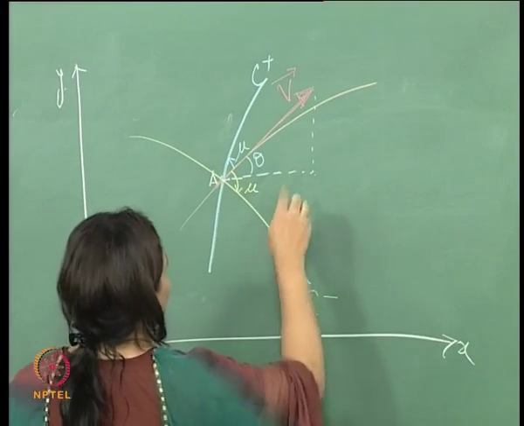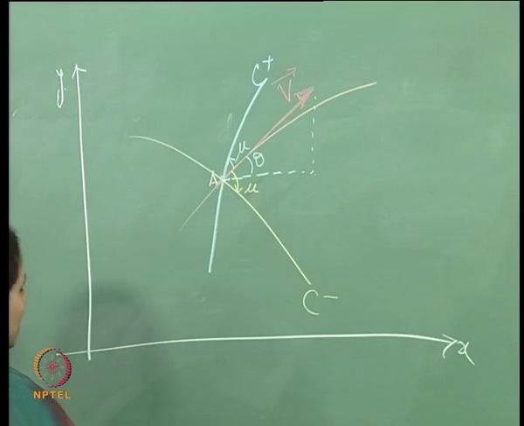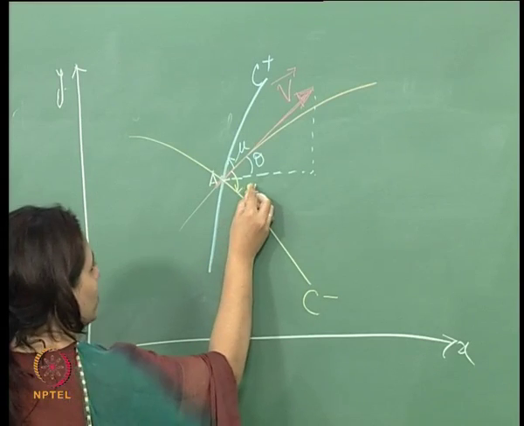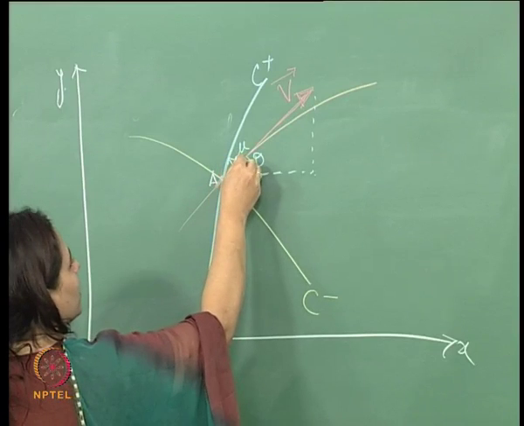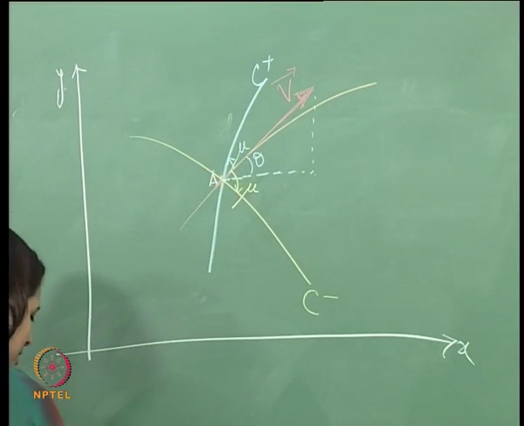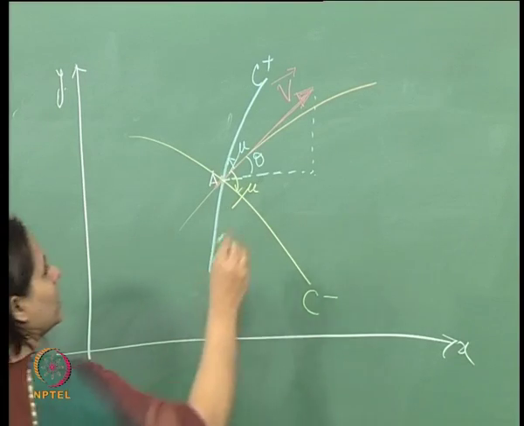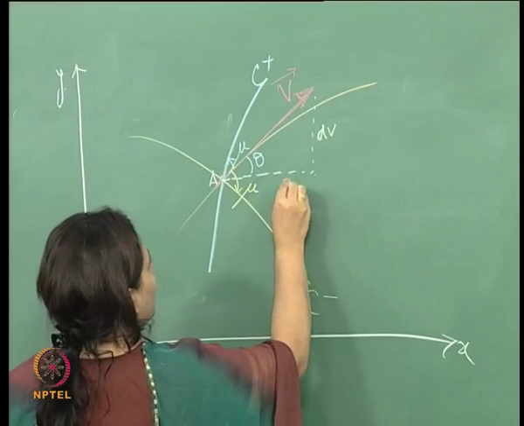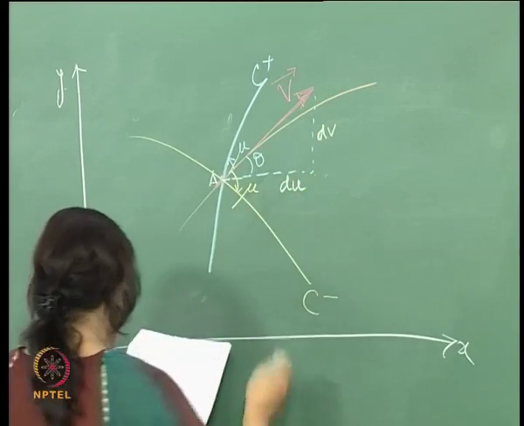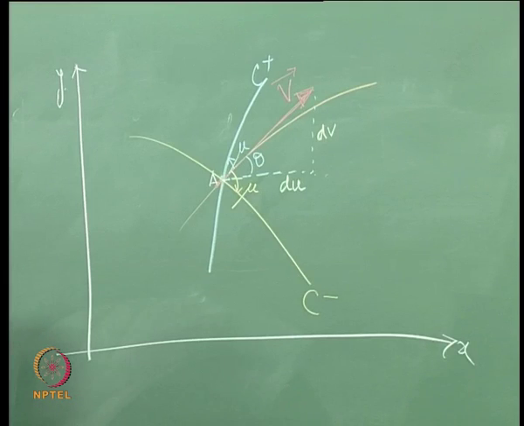So this is my mu. Let's pull that tail down a little bit, so this tail comes out here. So what I have over here is say dv and du, or u and v.